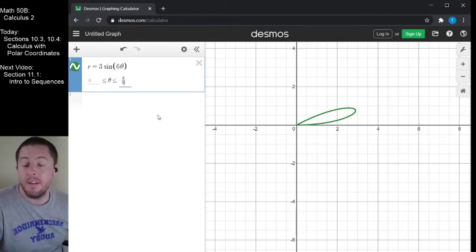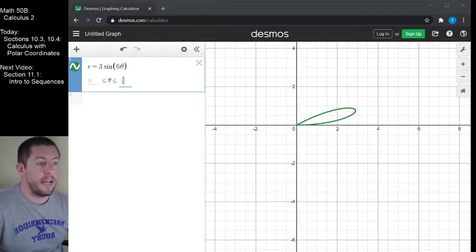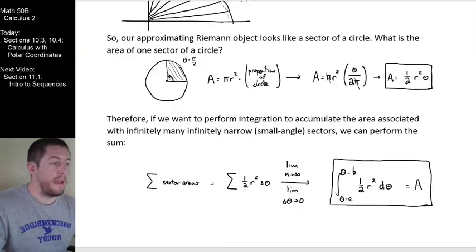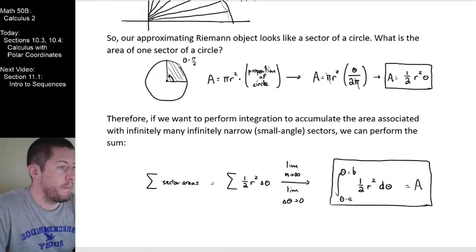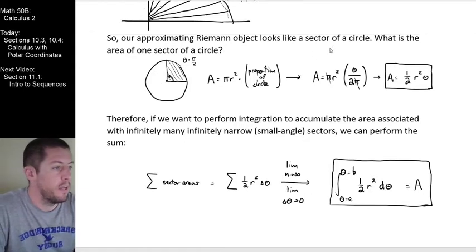Now, by the way, you are welcome to investigate this in degrees or radians, but recognize that the formula that we just made here is absolutely dependent on being in radians. Theta must be in radians. So I'm going to write that here in my note right here. Theta must be in radians.